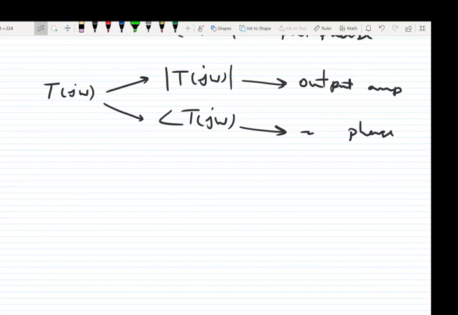Let me just write it down. What is frequency response?